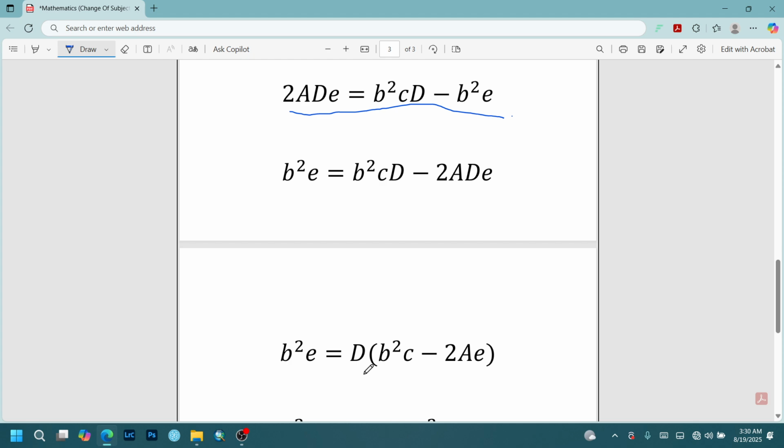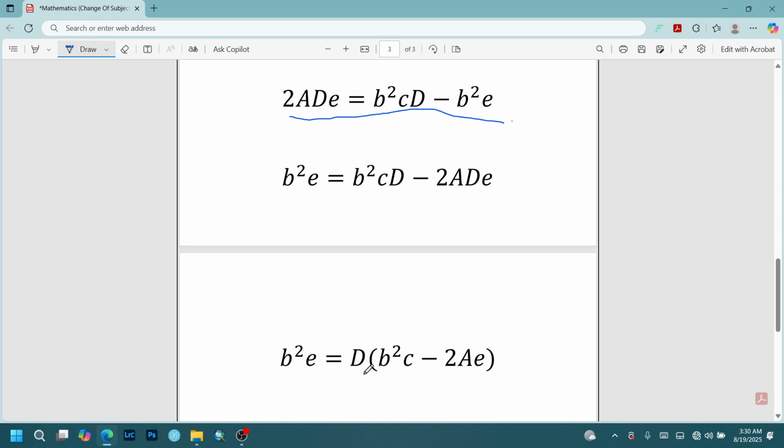So now we've gotten our equation to be b square e equals d multiplying b square c minus 2ae, all in brackets. And based upon the preamble of our question, we were tasked to make d the subject of the relation. So that means we have to make d an independent variable, or make d stand on its own. Here, d multiplying b square c minus 2ae in brackets is a dependent variable.